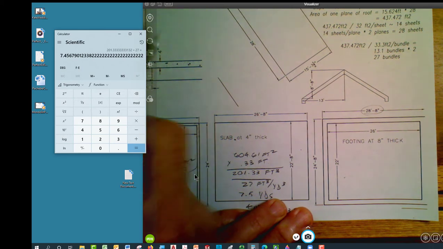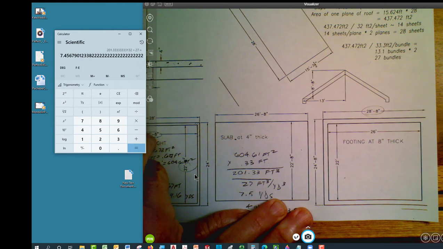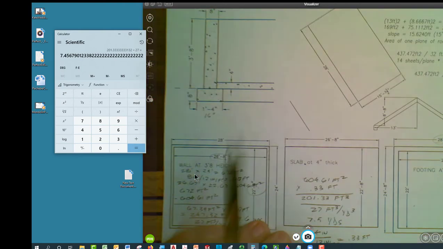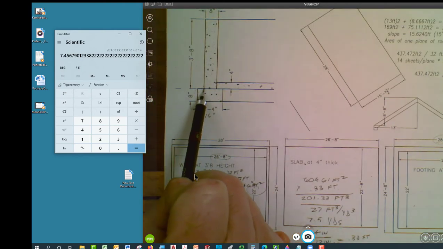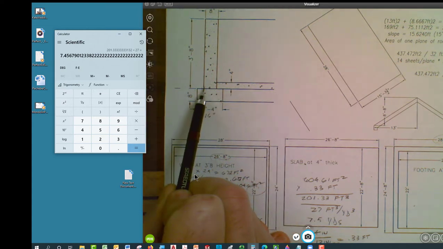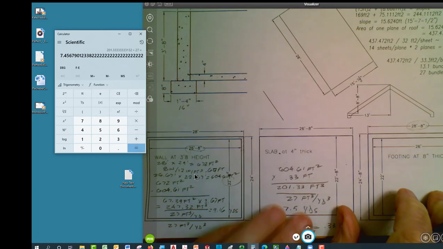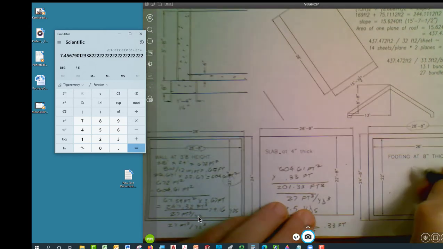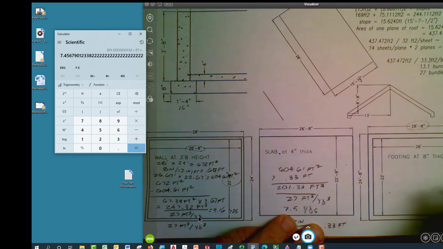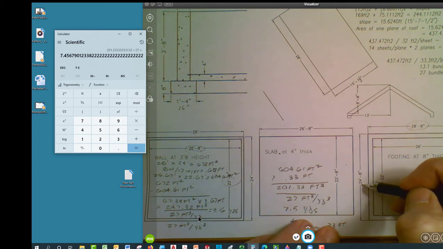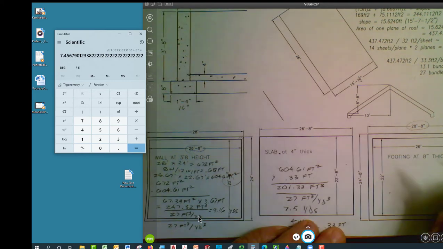It's wider by 4 inches on either side. So instead of being 28, it's 28 plus 4 plus 4, or 28 feet 8 inches. And then up and down, we have 24 feet 8 inches for the same reason, 24 plus the 8 inches.